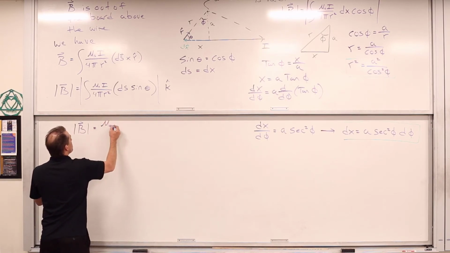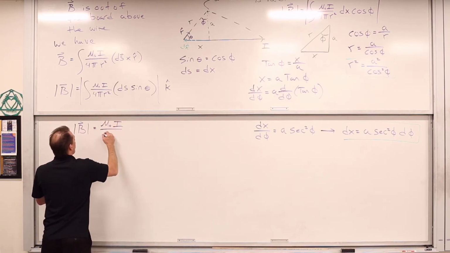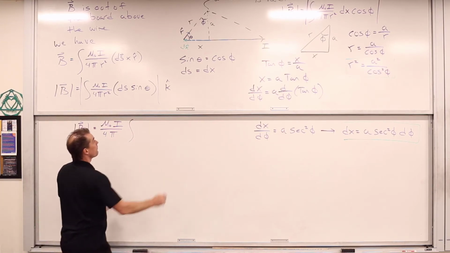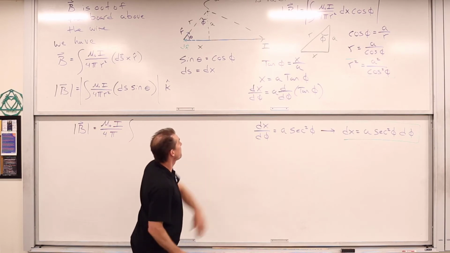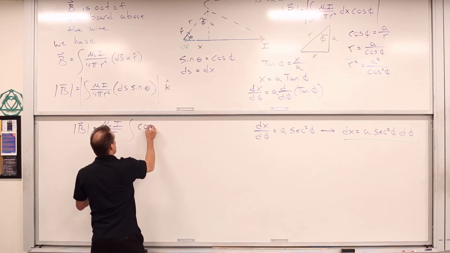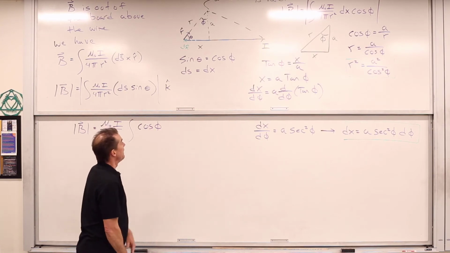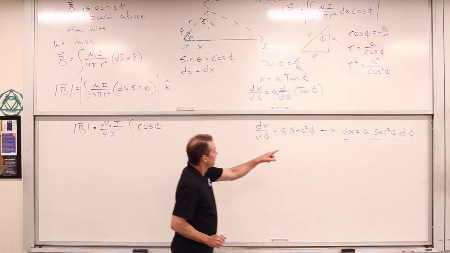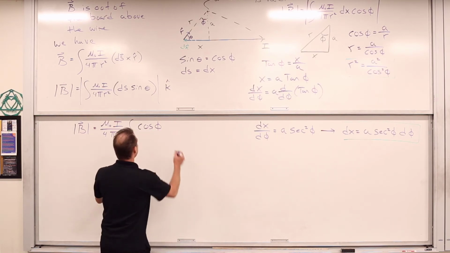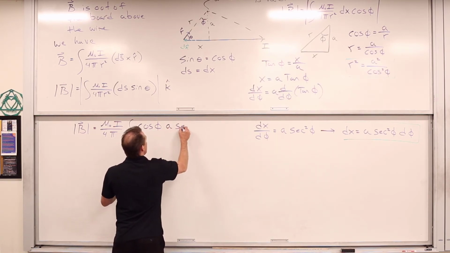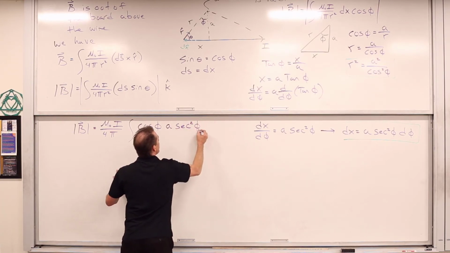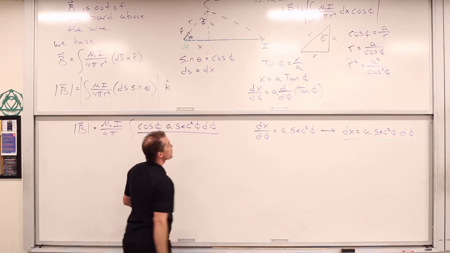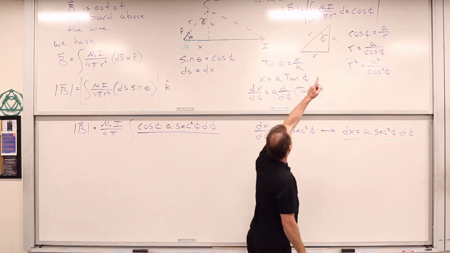So we've got mu 0 I, the current, over 4 pi multiplied by the integral of cosine of phi, and then we've got ourselves a dx. Well, dx is A secant squared phi d phi, divided by r squared.